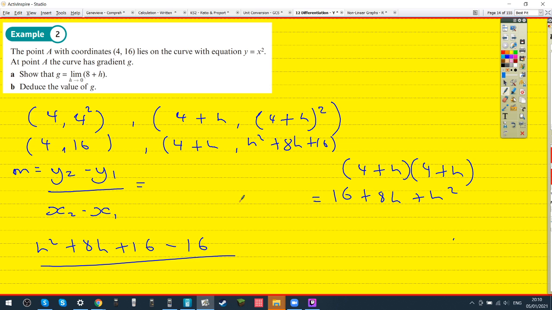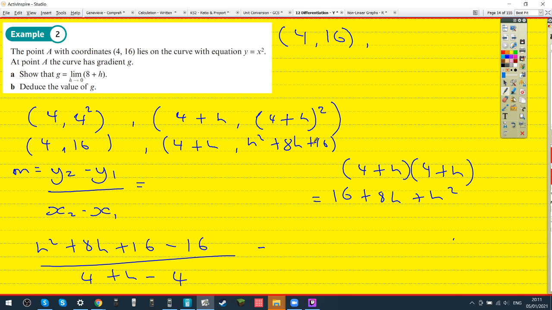And then for x2, it's 4 plus h, take away x1. X1 is just 4. So it's 4, 16.